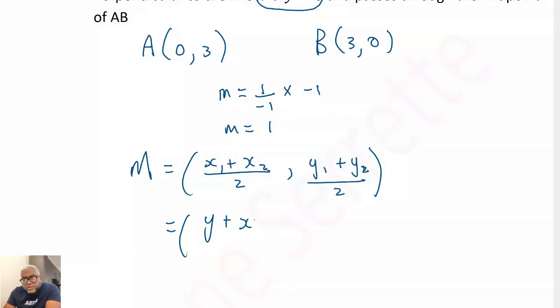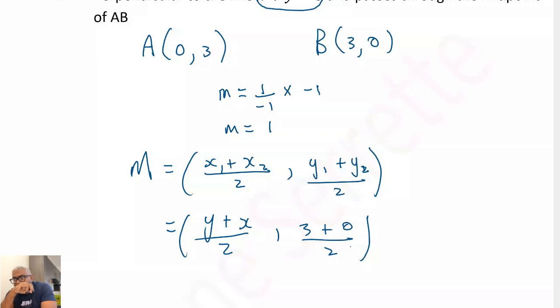And over 2? And what's y1? 3? And what's y2? 0. Over 2?